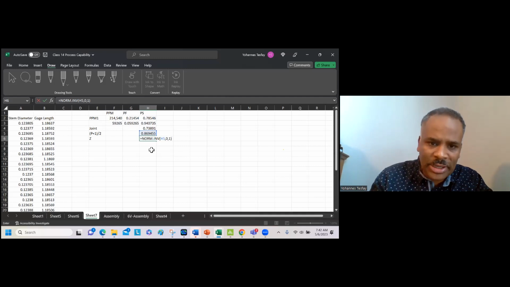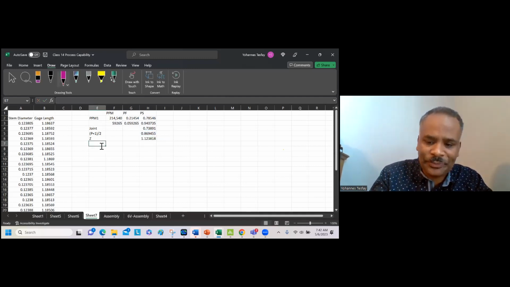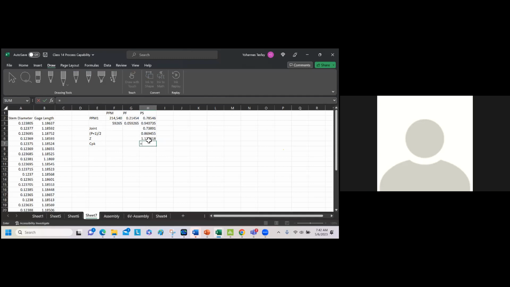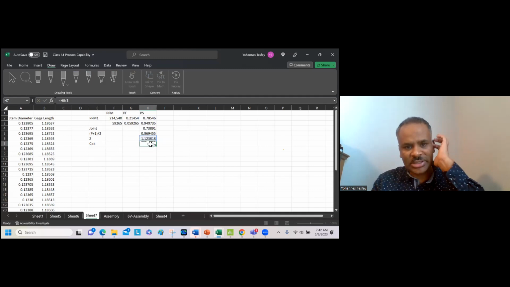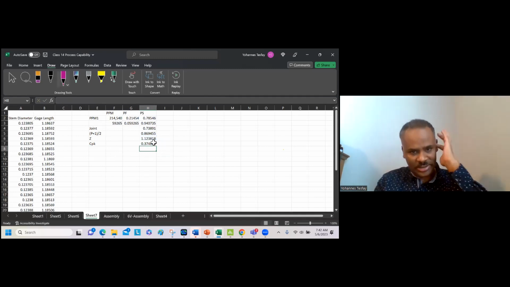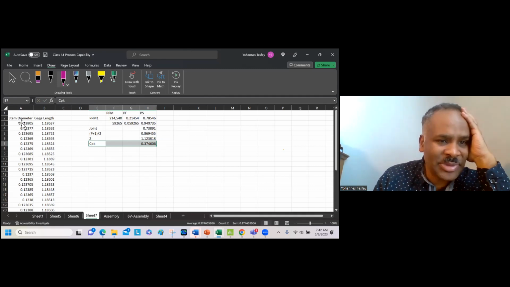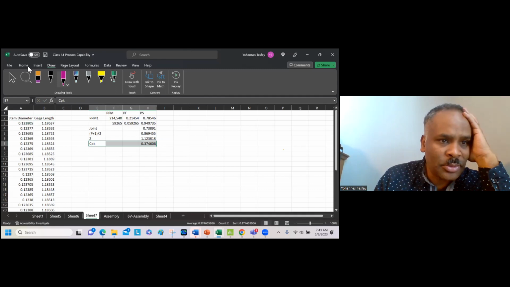Then we're going to put it like that. This is z. So what is CPK? CPK of joint is equal to z divided by 3. Then we get the joint CPK. You see? This is the joint CPK for stem diameter and length. That's how we're going to calculate it.